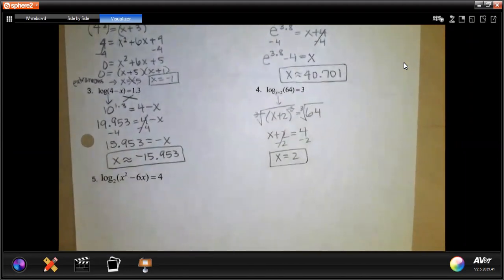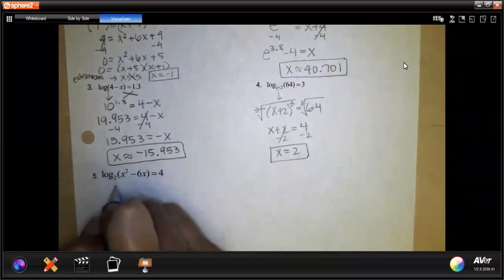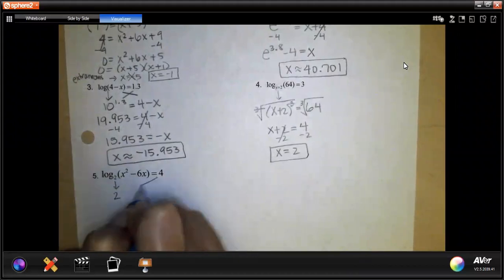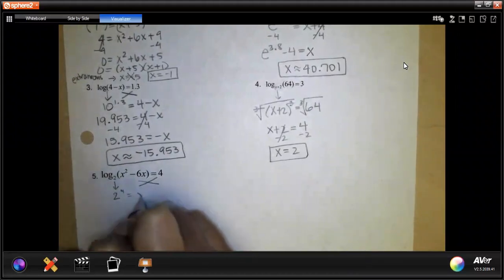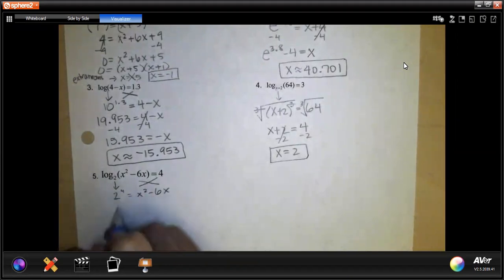All right, we've got one more example here. We've got log base 2 of x squared minus 6x equals 4. I'm going to drop my base of 2. These two switch. As soon as I see this quadratic, I know that I want to get it set equal to 0. Now 2 to the 4th power is 16.